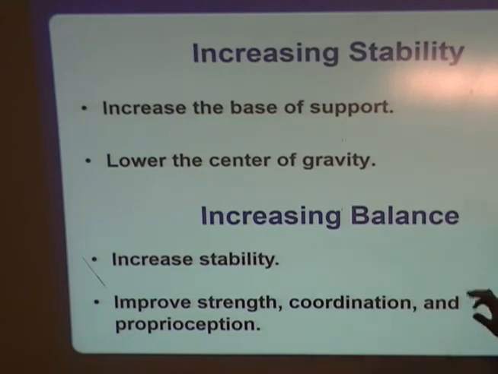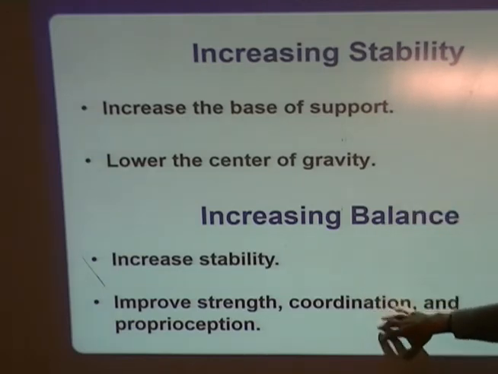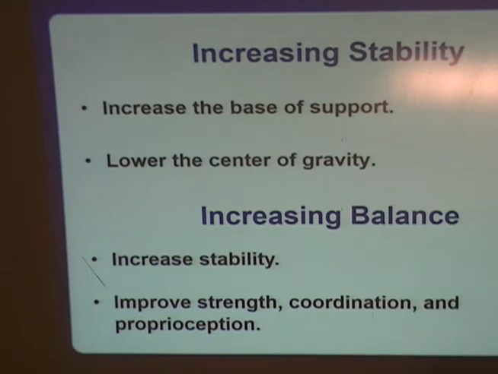So if I want to improve my capability of equilibrium, to increase my balance, the first thing I have to do is increase stability. The other thing I have to do for balance, because to do this I have to be really strong, is that my coordination has got to be good, and my proprioception has to be good.